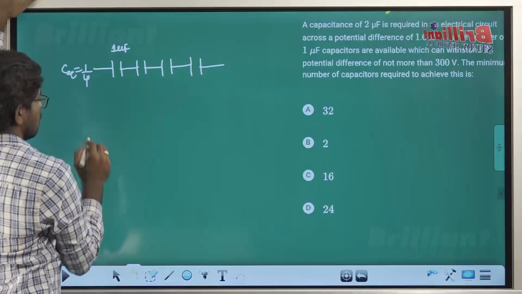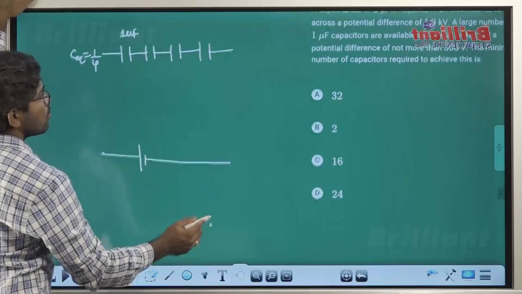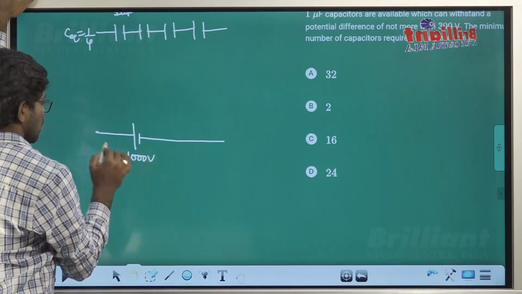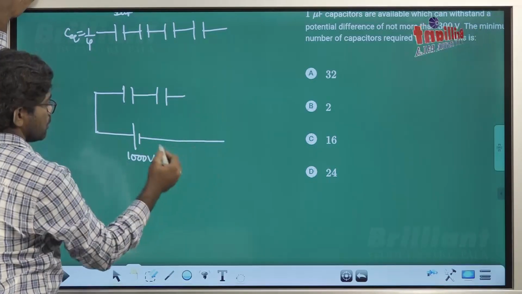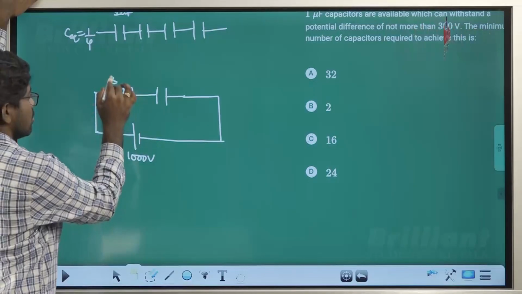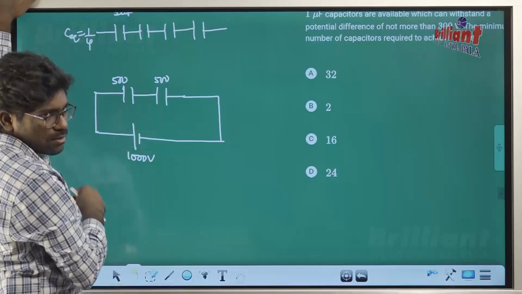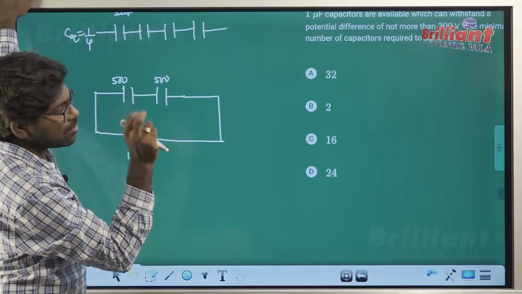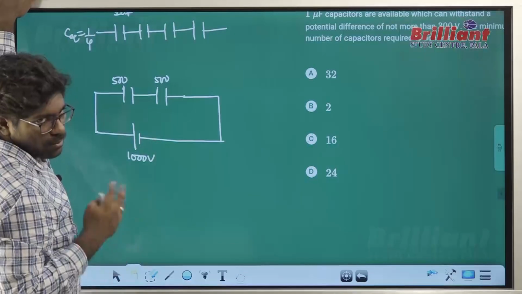So, look here, for a 1000 volt supply, if I put 2 capacitors, let's say, what will happen? What is the potential difference across each? 500. Simple, right? Do they withstand 500? No. They can withstand maximum of 300 only. So if you put 2, they will get damaged.